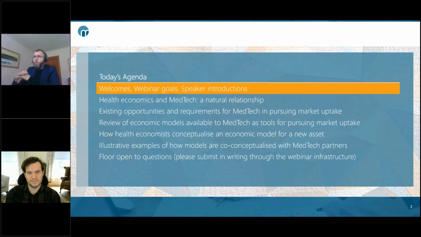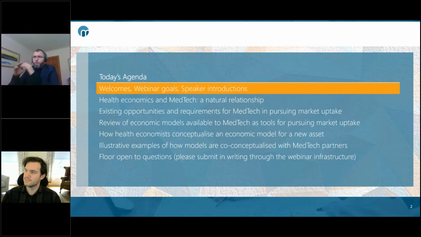Today in our agenda, we hope to, as you can see here, walk through a number of different items. Firstly, thinking about why and in what ways do health economics and medtech represent a plausibly natural relationship. Then we can think about what do we have and see today that actually suggests to us that medtech is going to have to be perhaps stepping up to the plate in a sense in some way in pursuit of market uptake, but also to that end, the opportunities that are actually starting to arrive for medtech companies, which is the flip side of that particular coin.